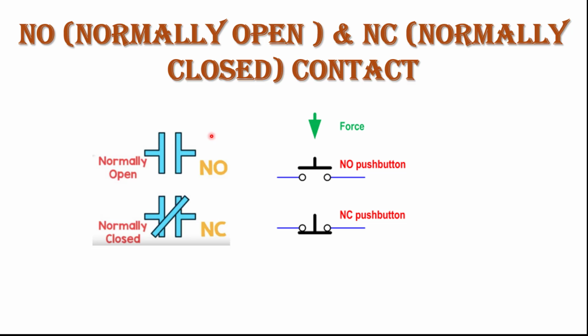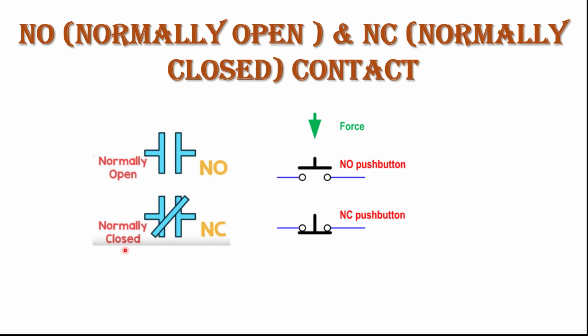Now the most important thing in a ladder logic diagram is the NO and NC contact. What do we mean by NO and NC contact? NO means normally open and NC means normally closed contact. In this way we represent a normally open contact, just like the capacitor symbol, and when we make a diagonal line in the NO contact, this makes an NC contact.